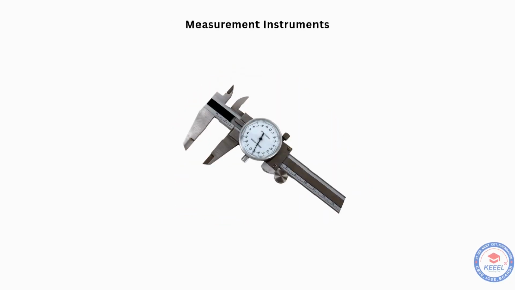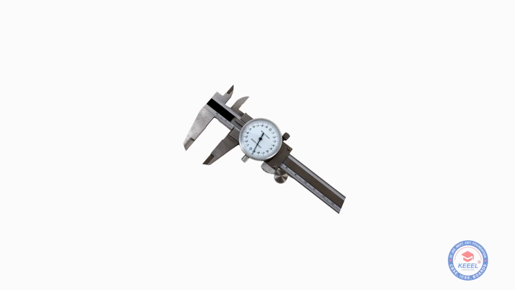Measurement instruments. Different physical quantities need different instruments. Let's look at a few. Measuring length. Tools: ruler, measuring tape, vernier caliper. Units: millimeters, mm; centimeters, cm; meters, m; kilometers, km.